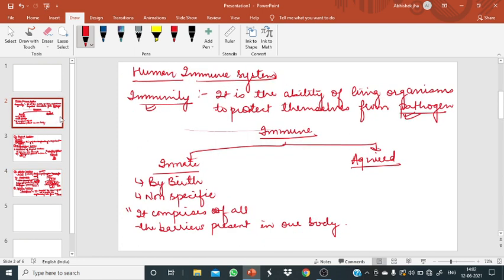So, what we have discussed so far is what is immunity? It is the ability of living organisms to protect themselves from pathogens. And what are the different types of immunity on the basis of where they originate? They are of two types, innate immunity and acquired immunity. Innate immunity is present by birth in an organism, so it is non-specific, right? It is active on all types of pathogens, and it comprises all the barriers that we have studied till now.